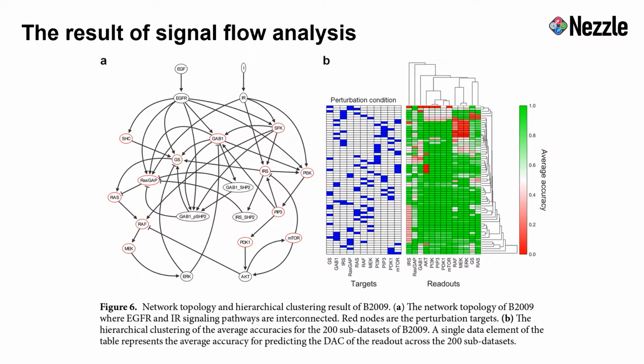The hierarchical clustering of the average accuracy shows concisely whether the signal propagation algorithm accurately predicts or not for each perturbation condition. Interestingly, the nodes that are adjacent in the topology of the signaling network, such as the RAF, MEK, ERK cascade or the PI3K, PIP3, PDK1 cascade, are also closely located in the dendrogram of the hierarchical clustering.